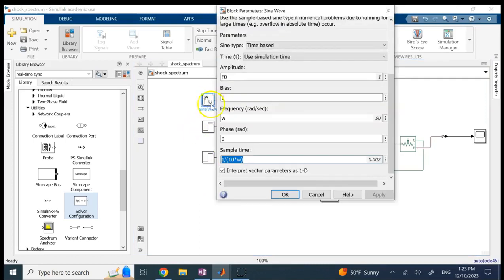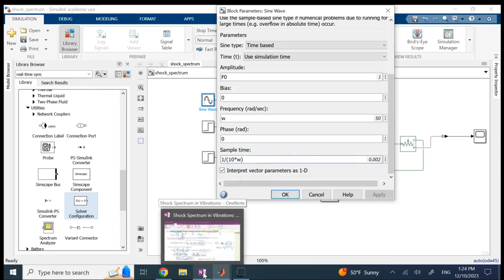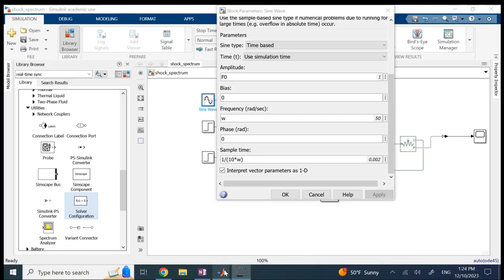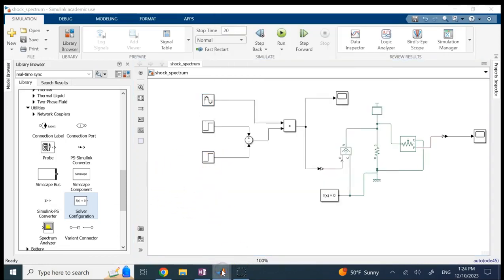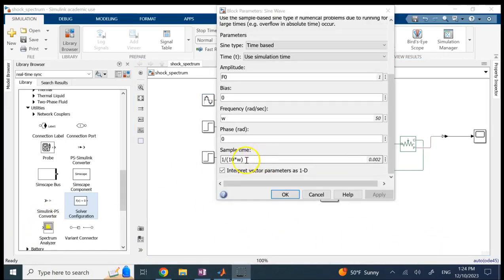Okay, so I make sure that I can get at least 10 samples, right? Remember the period of your signal is 2 pi over omega, or like 6.28 over omega. The sample time is 0.1 over omega.